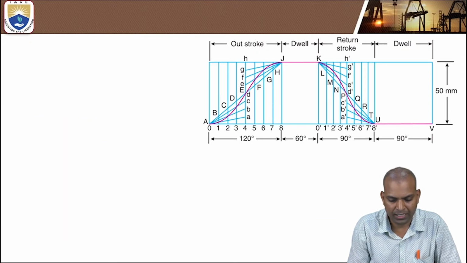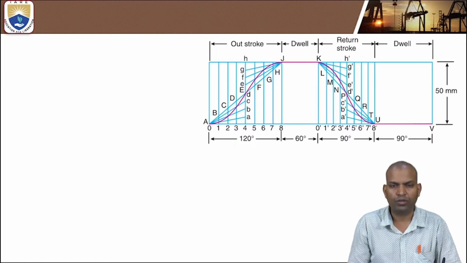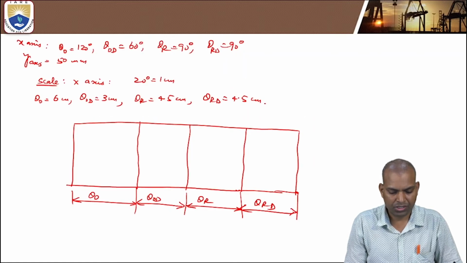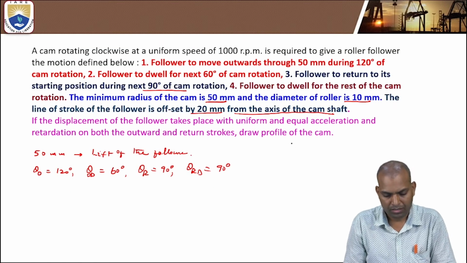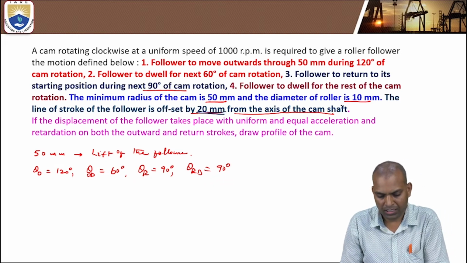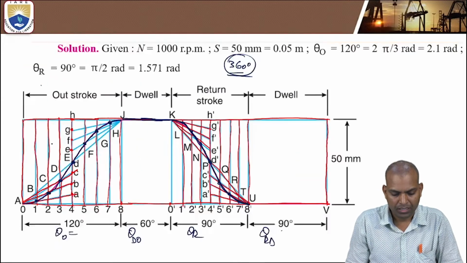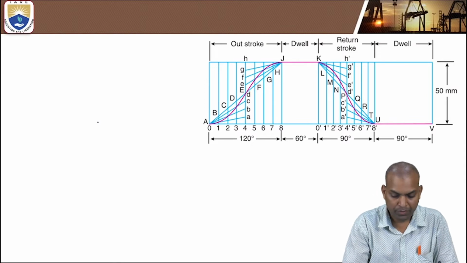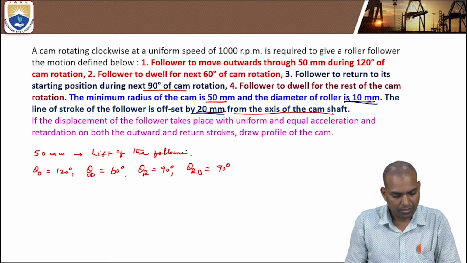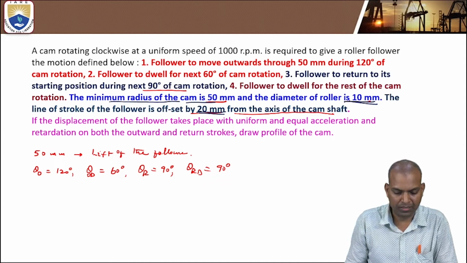Next, this is the displacement diagram. After the displacement diagram, we have to go for the follower. Now it is an offset case. Offset by 20 millimeters, and the diameter of the roller is 10 millimeters. So what is the next step? What is the minimum base circle radius? The minimum radius of the cam is 50 millimeters.